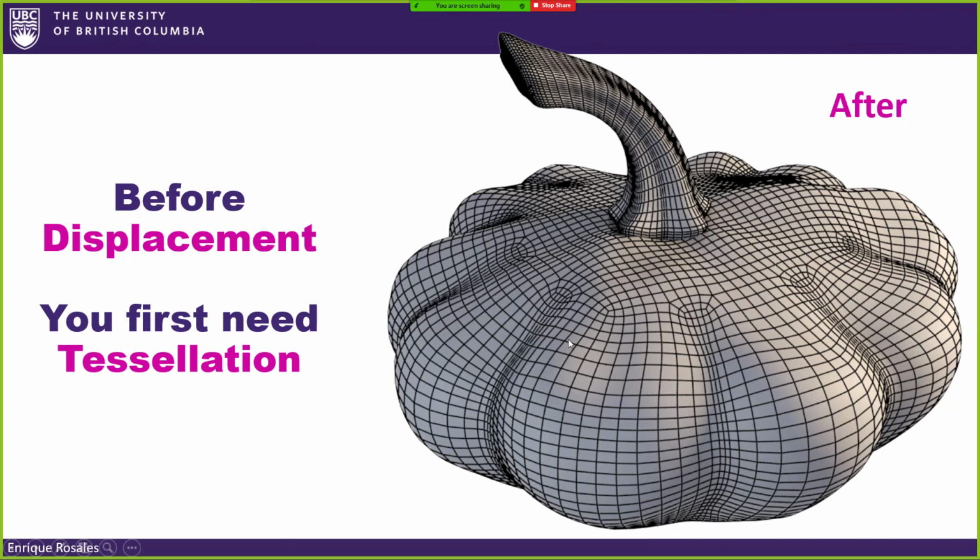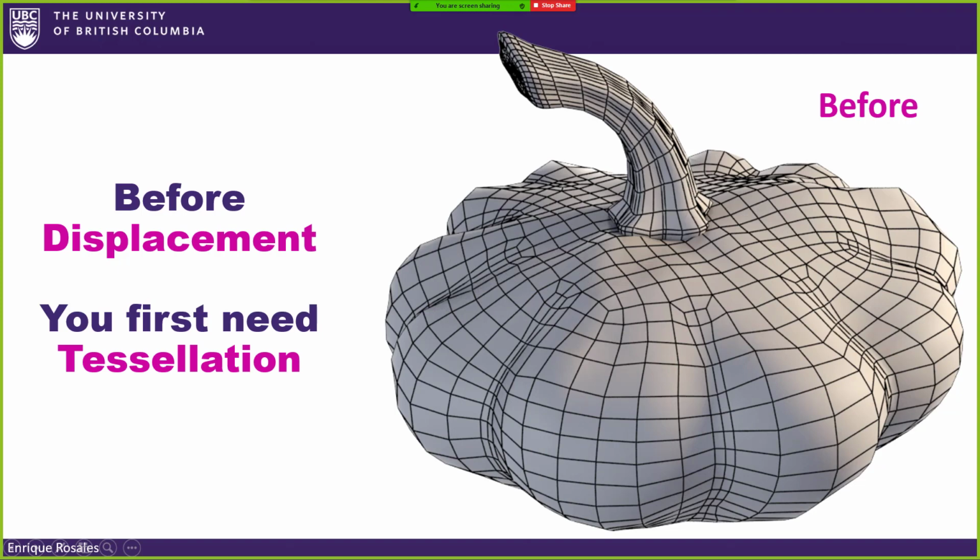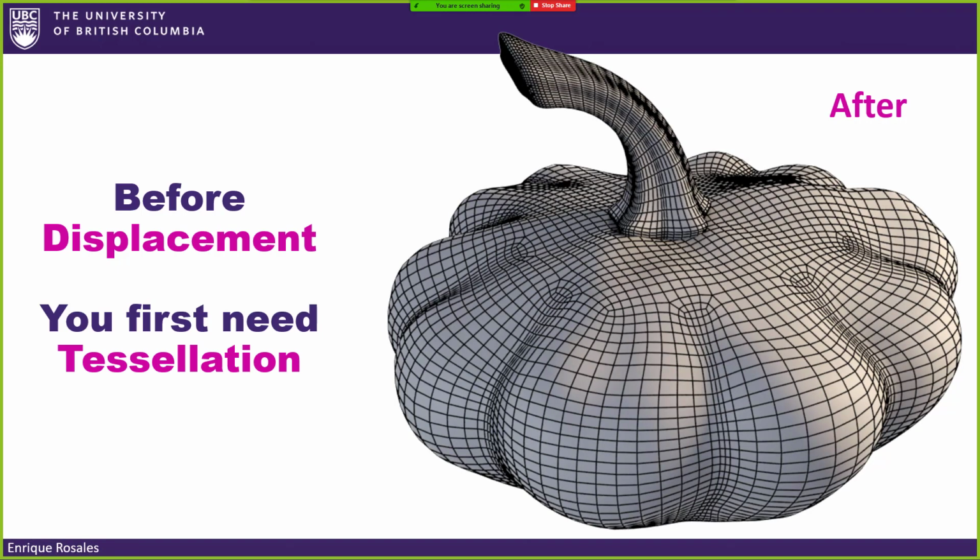So this is just an example of how this model looks when you tessellate it, but it's not the actual tessellation that was done for the previous image. Okay, good.